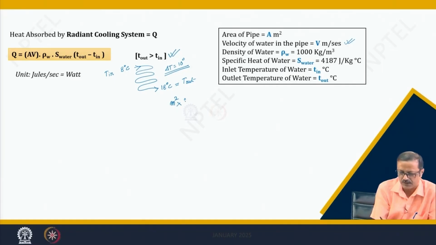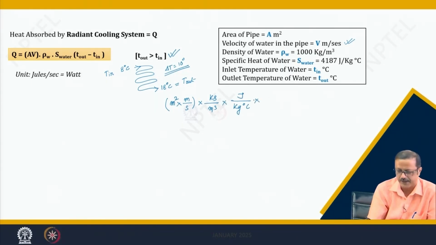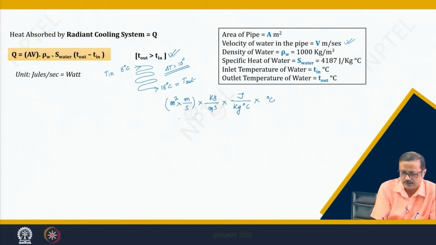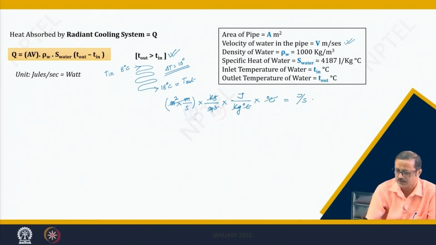So, V is meter per second, multiplied by rho, which is kg per meter cube, multiplied by the specific heat, joule per kg per degree C, multiplied by delta T, degree C. The meter cube cancels, kg cancels, degree C cancels, and it is left with joule per second, which is watt.